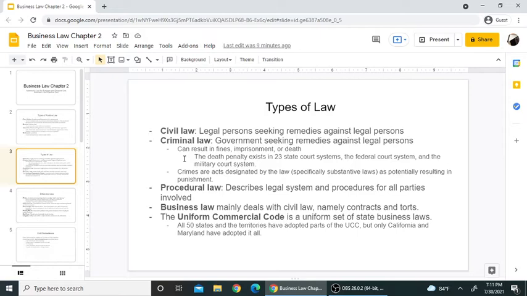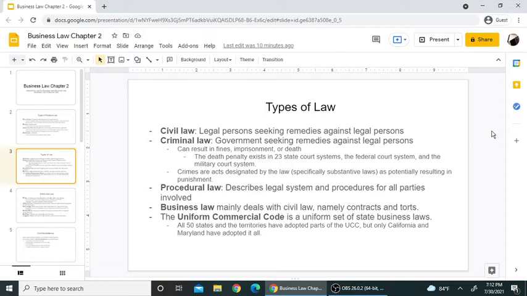So criminal law is when the government seeks remedies against a legal person, not always, because the government can still sue you as a matter of civil law, but criminal law really occurs or is created when there are suits where a person is alleged to have violated a certain statute by committing a crime that has been designated by that statute, and those crimes can result in potential punishment, such as fines, imprisonment, or death, depending on the severity of the offenses.